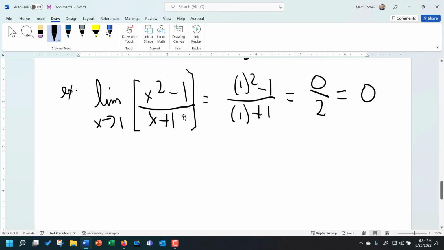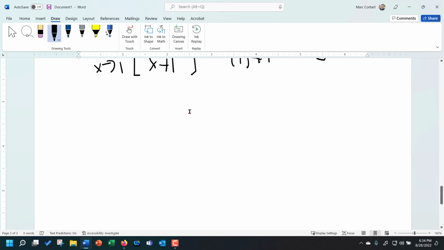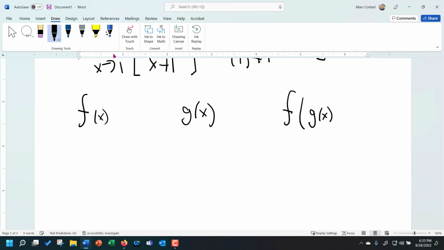The next step would be, of course, composition. So that is going to be an issue. So let's be reminded of what we're talking about here. If I've got a function f of x and then a function g of x, but now I want to take a function where I do f of x and instead I put g of x as the argument for f of x.